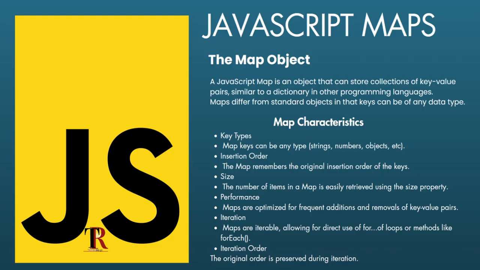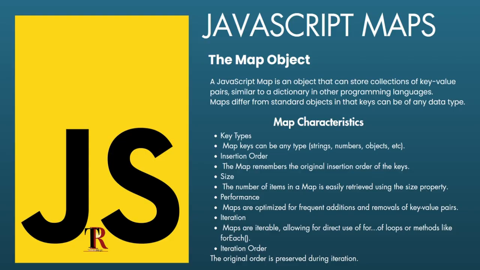But when we are talking about maps, though it also uses key-value pairs, the keys of a map can be of any data type, as you are going to see when we start talking about how to define a map, and the properties and methods of a map object. Then you will see that its keys can be of any data type, unlike standard objects that are very limited in what can be the key of their key-value pairs.